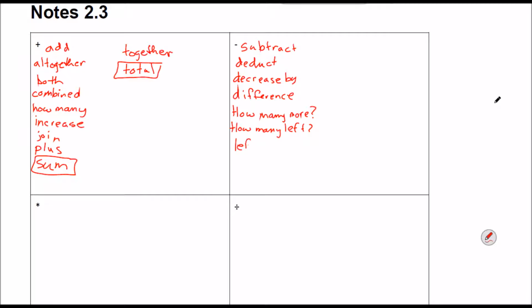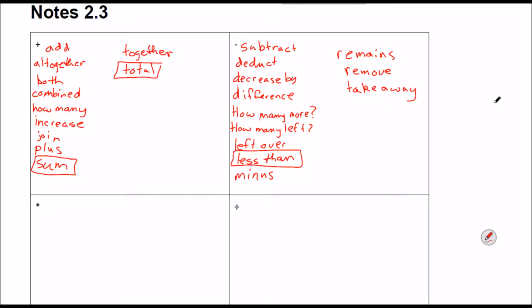Sometimes it asks about leftover. What's left over? Less than. That's one that we use a lot, and there's something special that happens with that word that we'll talk about quite a bit. Sometimes people use minus, remains, remove, and take away.